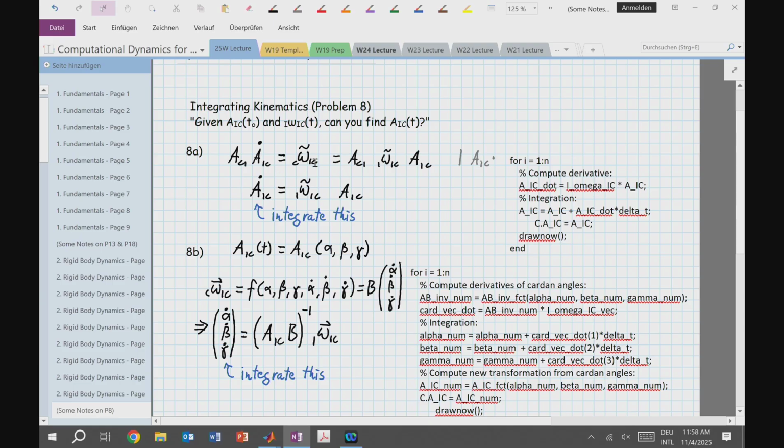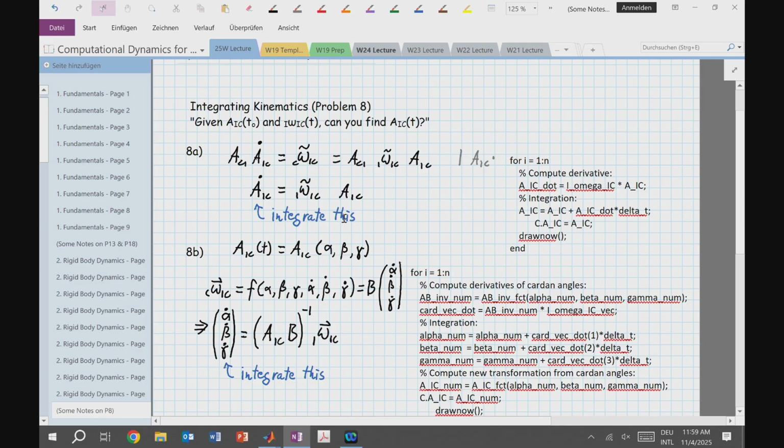So I could try to do this, and after every step I do a normalization of my rotation matrix. So I renormalize all vectors, I make sure that they're orthogonal, and I basically do a renormalization of this rotation matrix. And then I could use this approach, right? I would just constantly have to make sure that this is actually a rotation matrix.